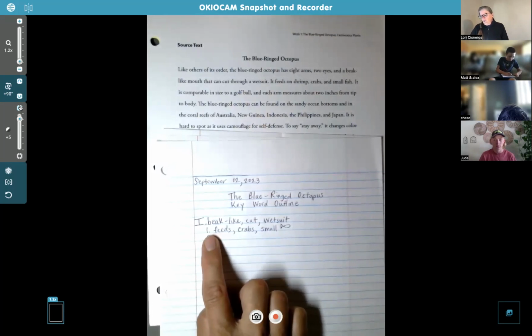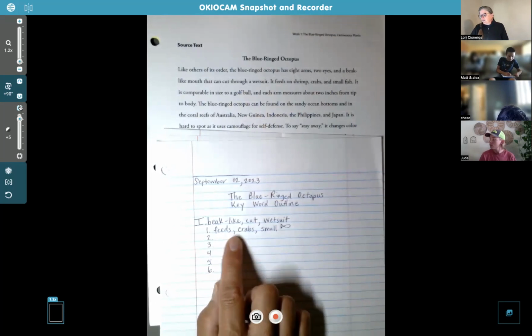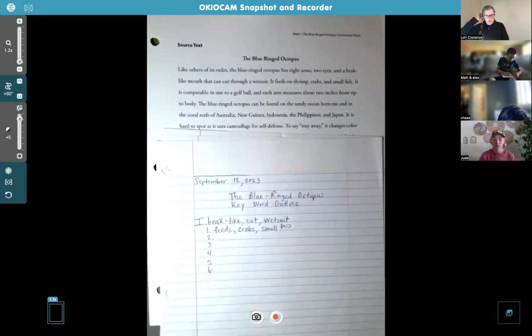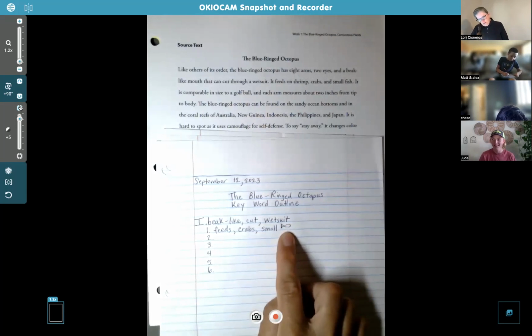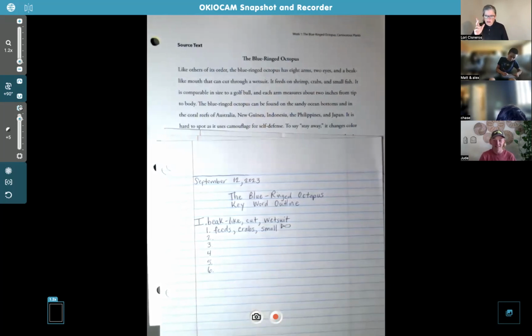So the one right here that we put next to this Arabic 1 says feeds crabs small fish. Notice we drew the symbol of a fish, because the rules are you can only use 3 keywords. Some sentences have like 10 keywords.